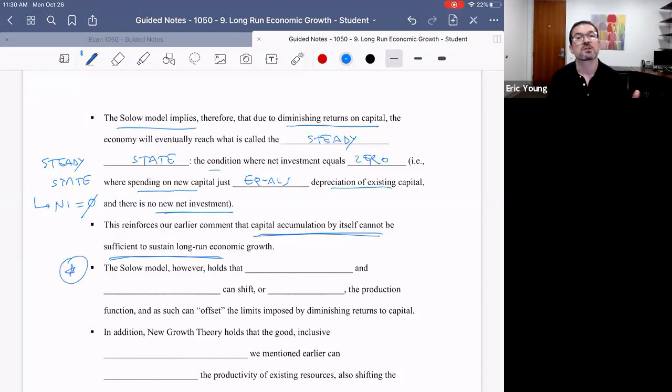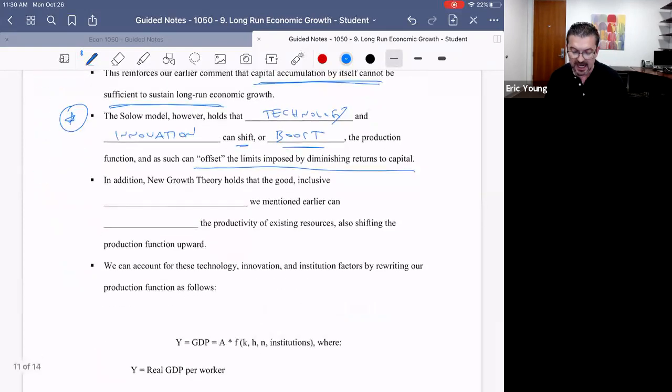Critically, the Solow model offers us a way out of this conundrum, because the model holds that technology and innovation, that ideas, that progress can shift or boost the production function. And that's the beauty of technology. It can offset diminishing returns to capital.